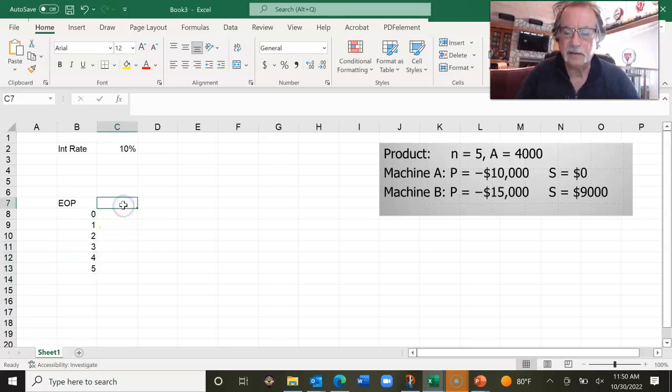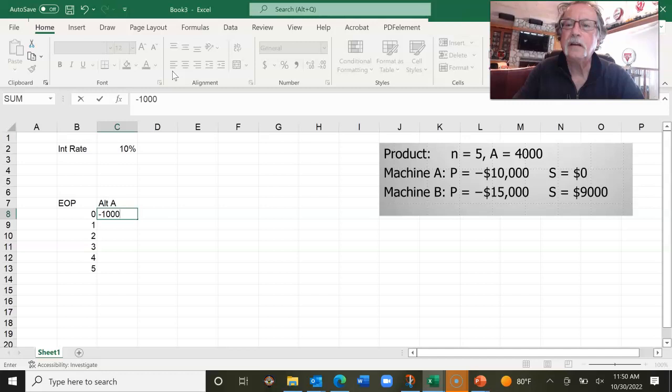And we've got alternative A, and it's going to cost us $10,000, and we're going to save $4,000 per year.